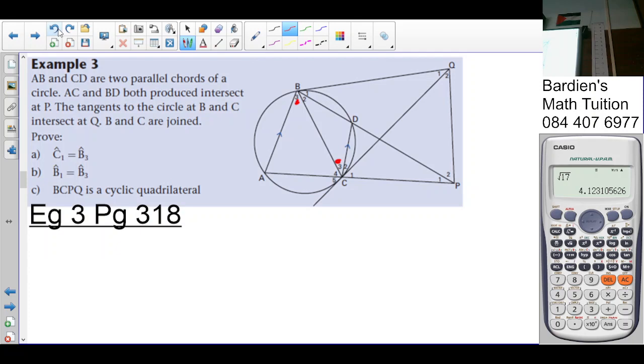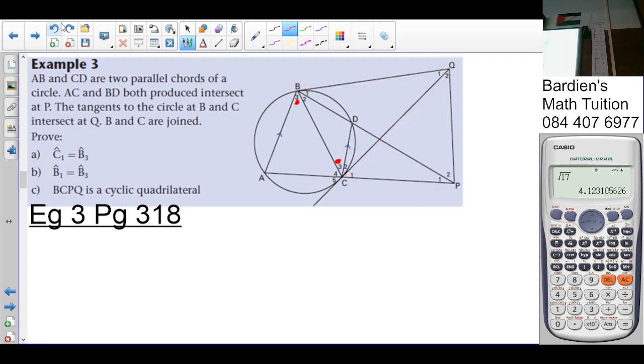Then we are told AC and BD are both produced to intersect at P. Produced means to extend them to intersect at P. Then we are told the tangents to the circle at B and C intersect at Q. So if those are tangents, what do we know?